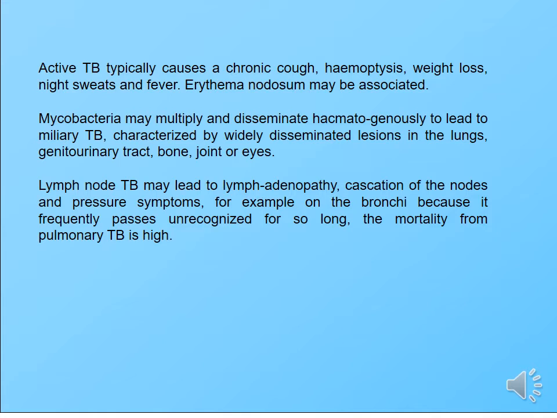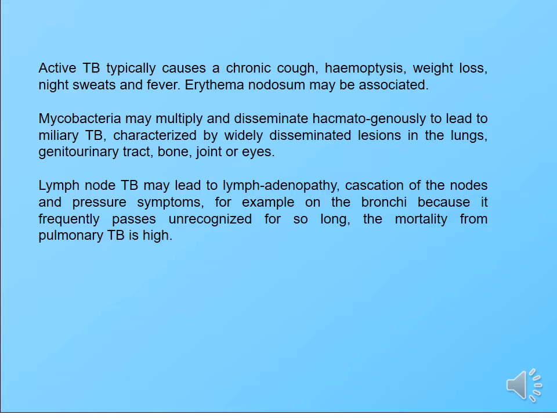mycobacteria may multiply. There are other parts of the body that can have tuberculosis, like the immune system, the genital tract, the bone, joint, or eye.